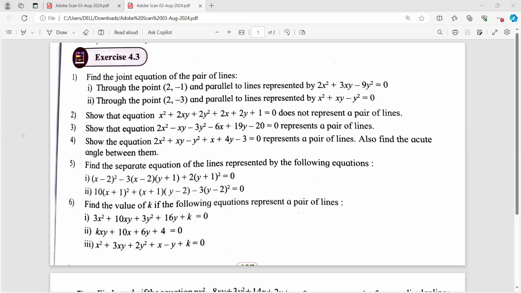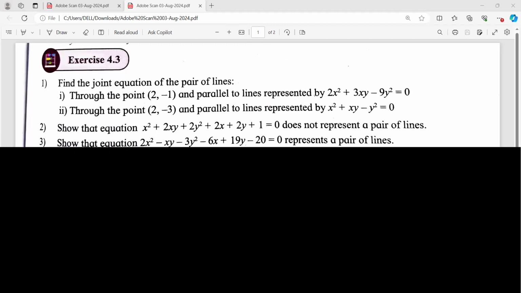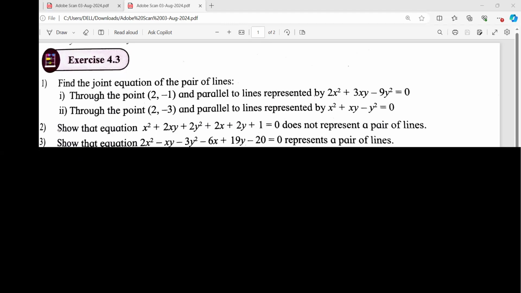See here. I will write question number 3. I will start by writing the given combined equation.